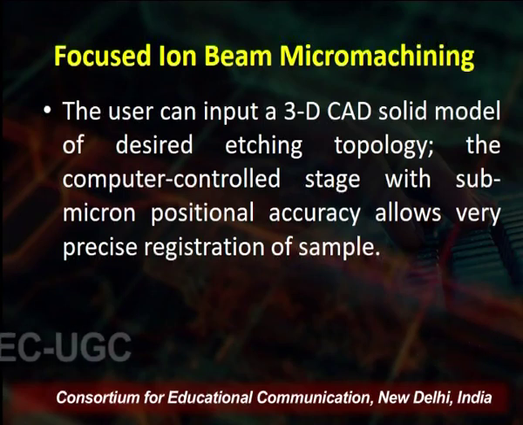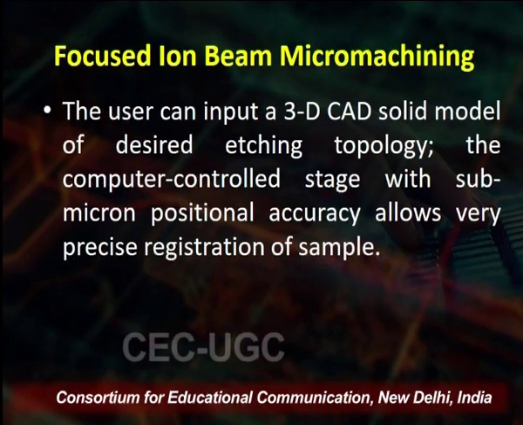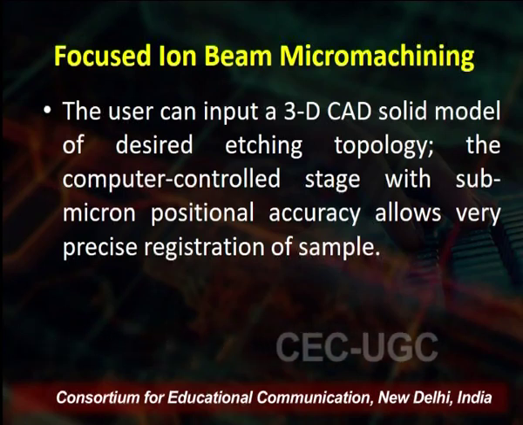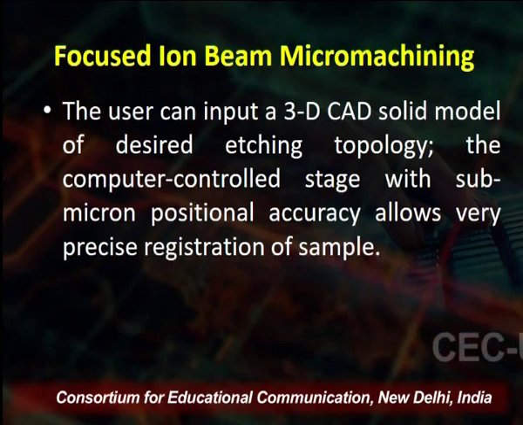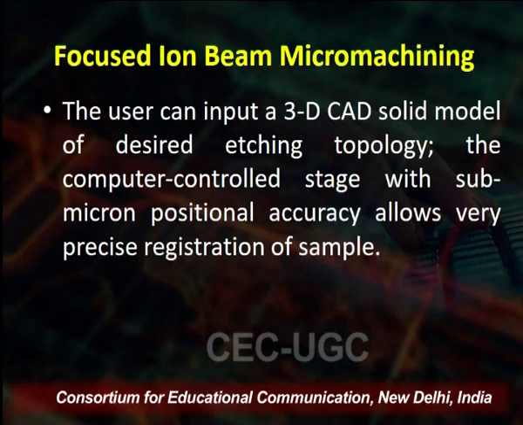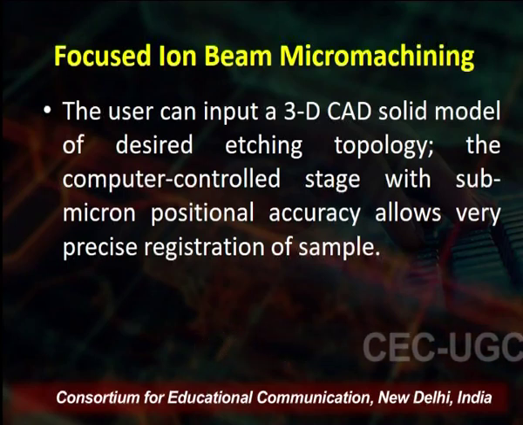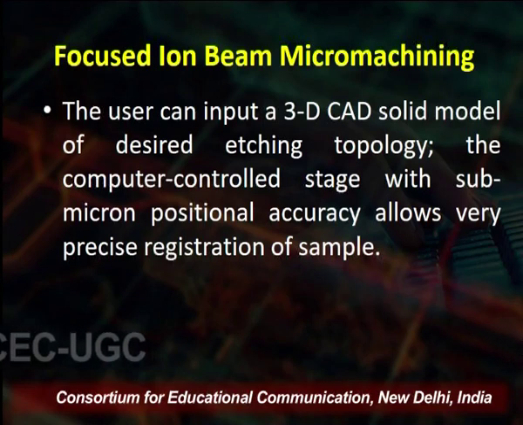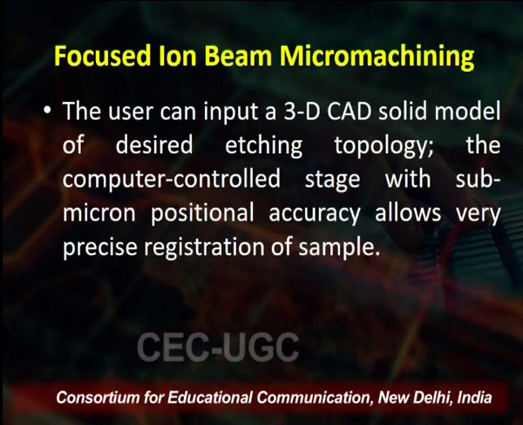It is a computer-controlled stage with sub-micron positional accuracy that allows very precise registration of the sample. It means we require the computer-controlled stage for this micromachining, because we are using a controlled development of devices.